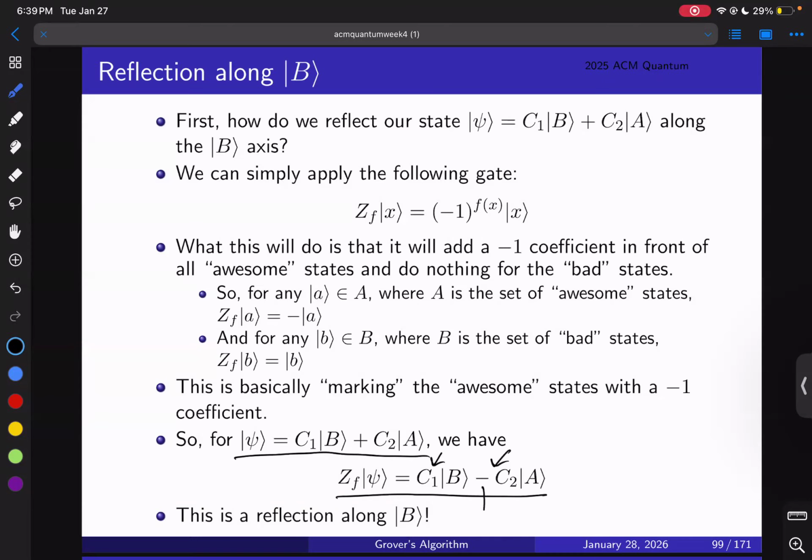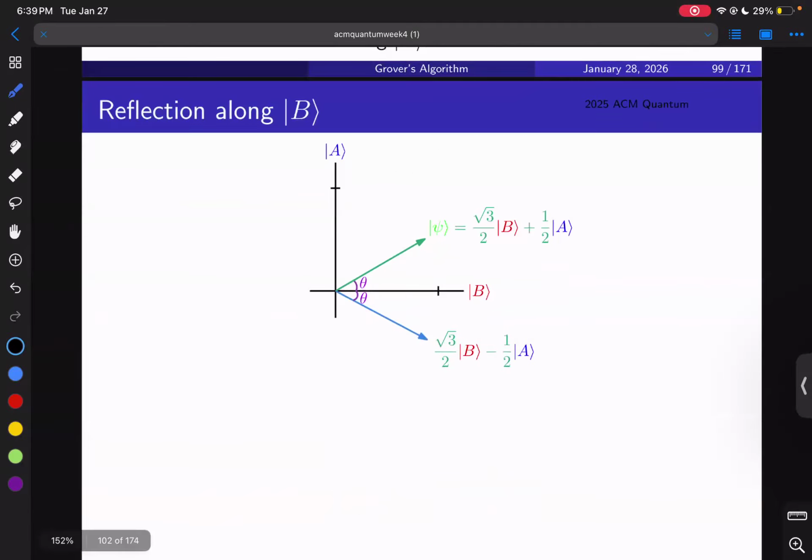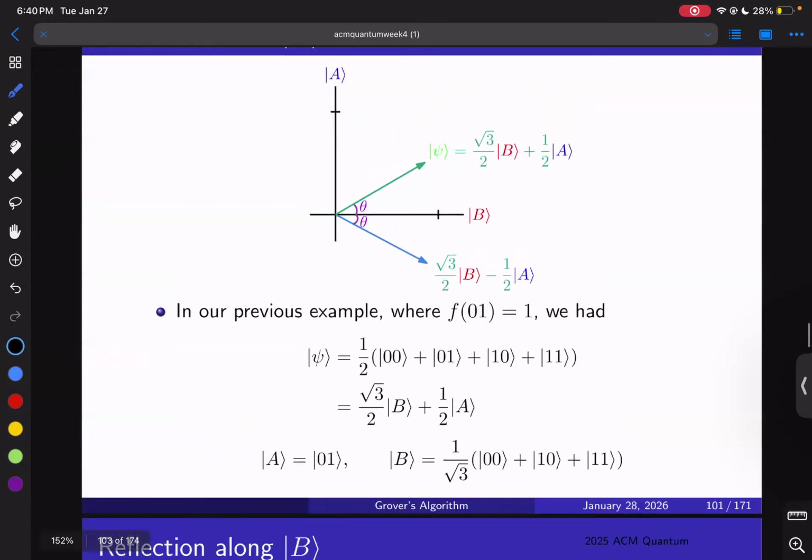So you get a minus sign in front of the A term, and that's precisely a reflection across B, which you can see from the figure: if you take the coefficient in front of A and multiply it by -1, you get a reflection across B. So it's still √3/2 steps in the B direction, but the A direction gets inverted, which is a reflection. Does that make sense?